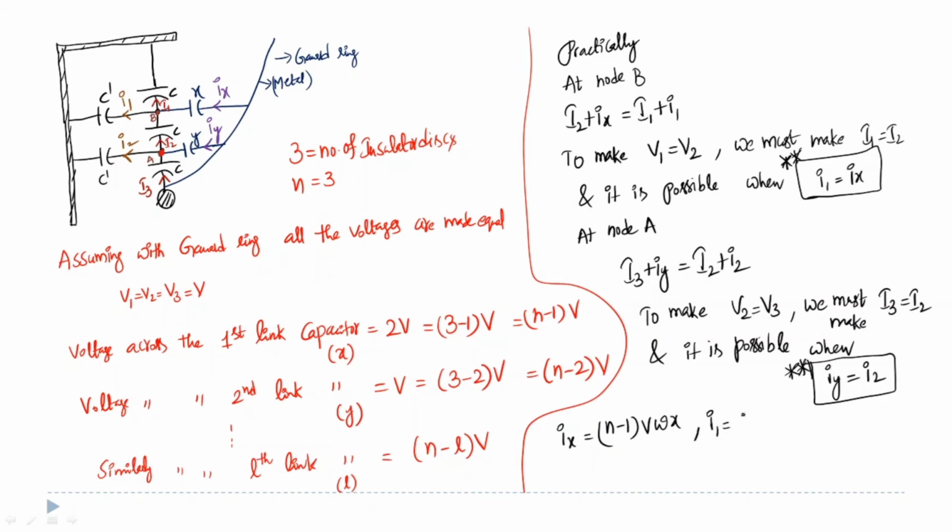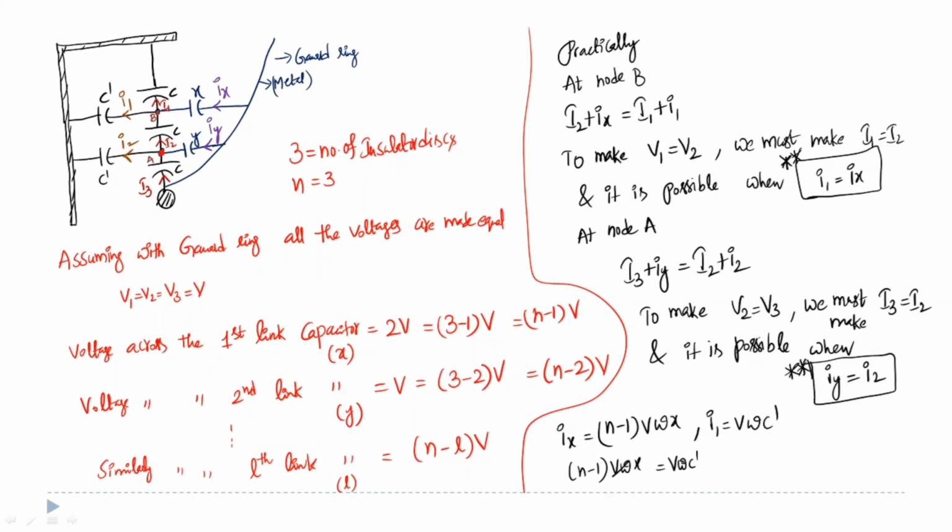I1 is equal to V omega C dash. So when you equate these two, n minus 1 into V omega x is equal to V omega C dash.